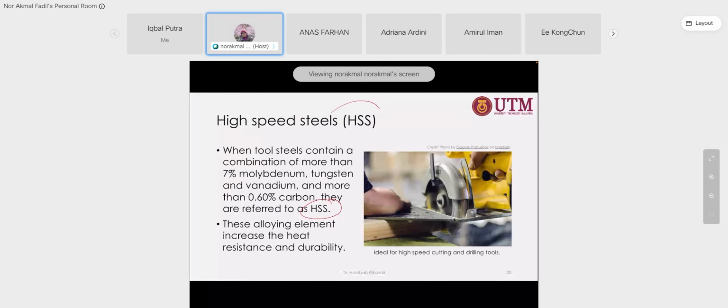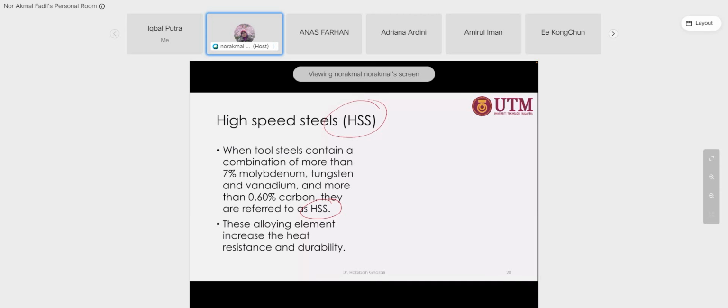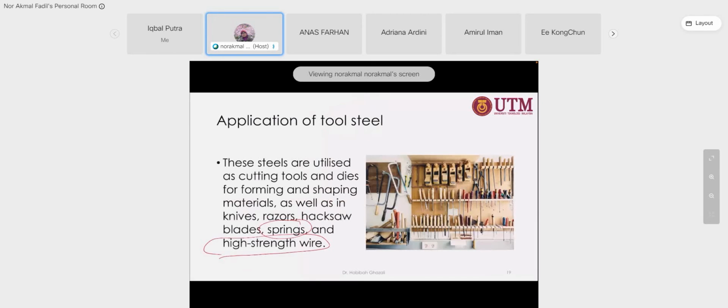This steel you can use not just as tool steel for hammering and other normal applications, like a hammer, or cutting by using a normal hacksaw.